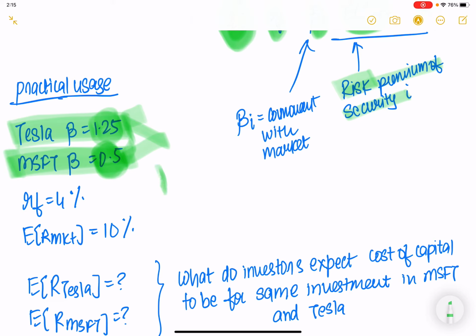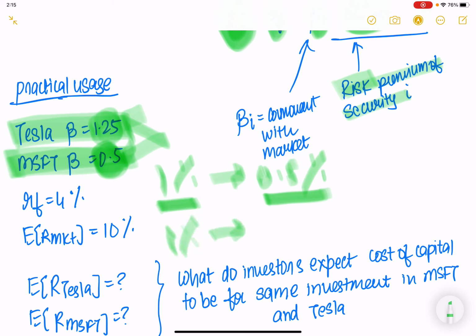So if the market goes up by 1%, Microsoft will go up by 0.5%, meaning the amount of common risk that Microsoft has with the stock market is 50% of what it is. It's very low. Versus Tesla at 1.25, meaning if the market goes up by 1%, Tesla will go up by 1.25%, right? And vice versa.